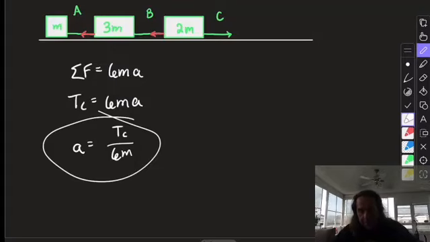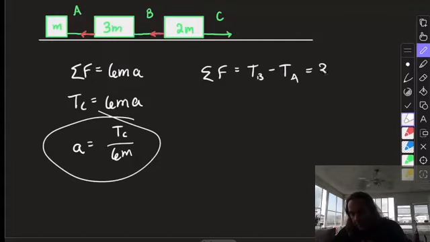So I could consider the net force on box B. There's two forces acting on box B. There's tension B and there's tension A. And that has to equal 3MA. There's also the net force on box A, which is just tension A, and that has to equal MA.